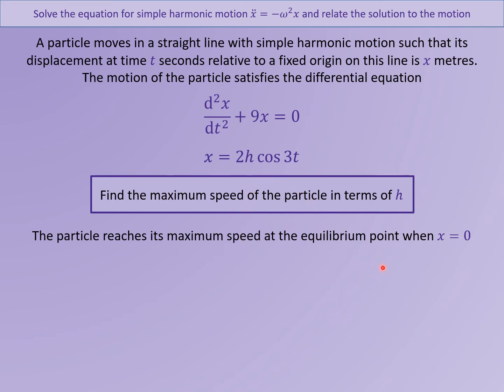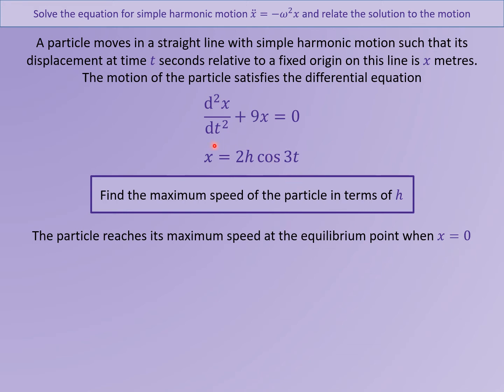So its maximum speed is always at the equilibrium point. Regardless of where your starting position is, if you let go of that spring, its fastest position is at the equilibrium. So we know that it reaches maximum speed when x equals naught.